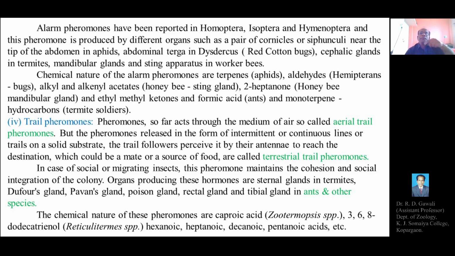So ultimately the followers, perceiving its message or stimulus, will reach the final spot or place where they can either get a mate or a food source.